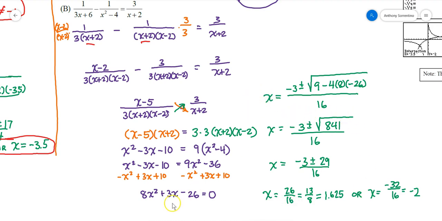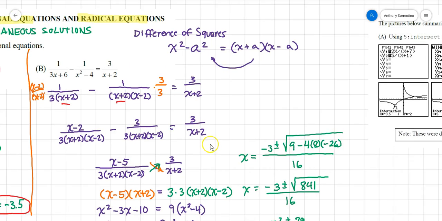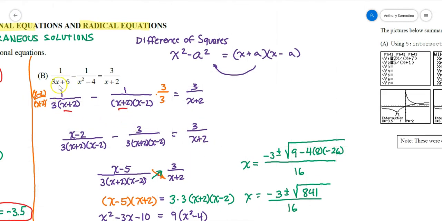For instance, when I go back up to here and look at the originals, 3x plus 6, if x equals negative 2, the first fraction wouldn't exist, neither would the one on the right-hand side.